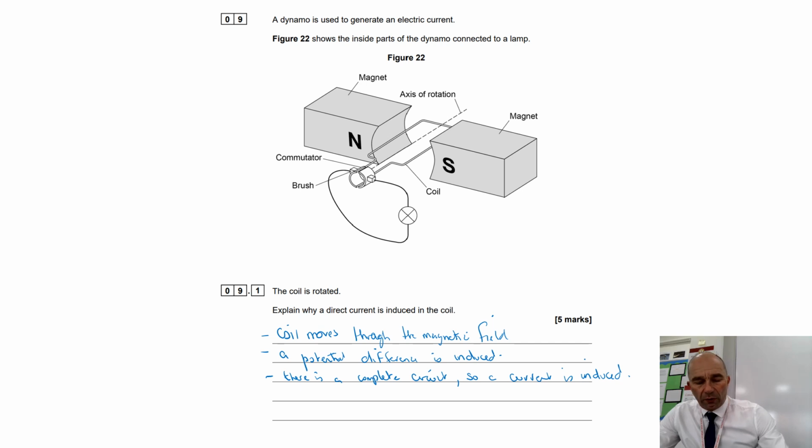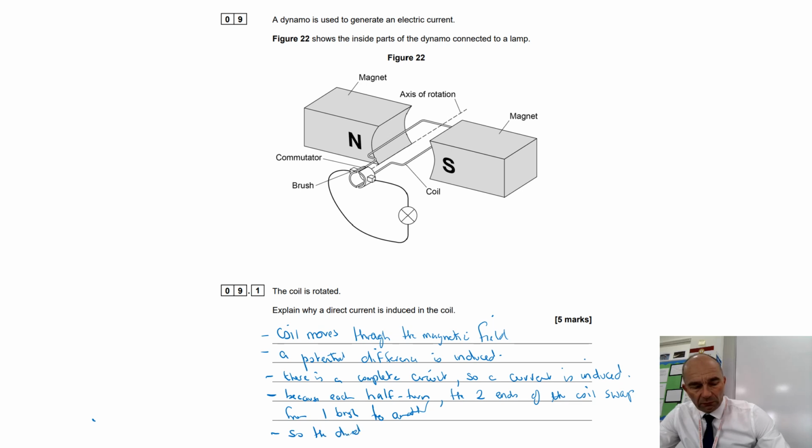So remember, because each half turn, or half revolution, the 2 ends of the coil swap from one brush to another, the direction of the induced current, the potential difference, does not reverse.